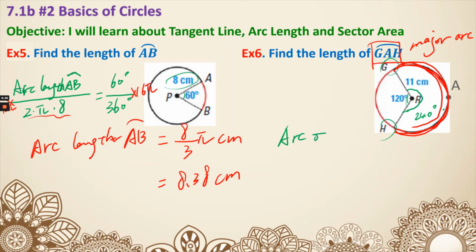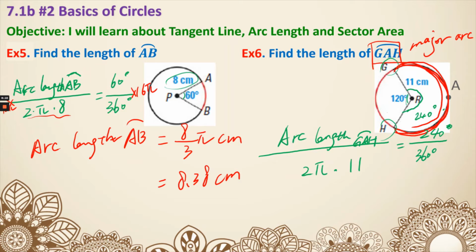Arc length GAH compared to the whole thing, which is 2 pi times r, which is 11. That is the same as the ratio of the angle, 240 degrees, over 360 degrees.